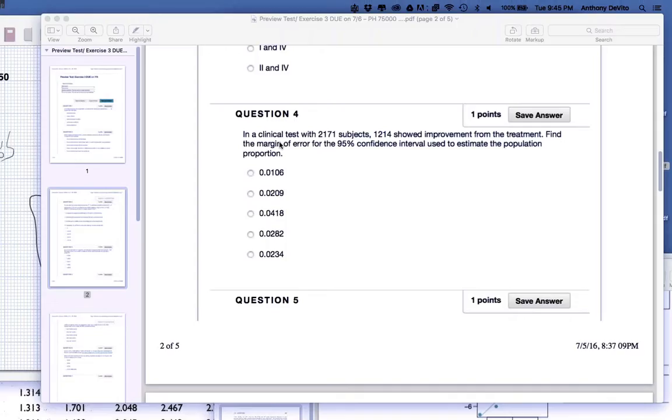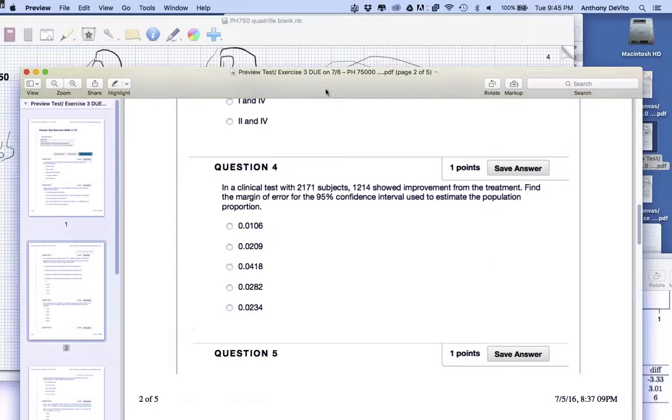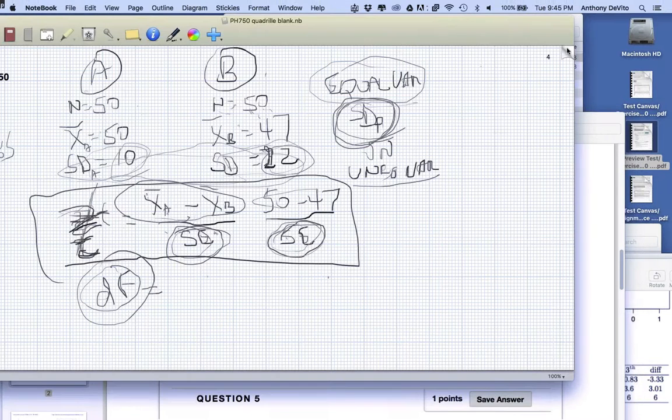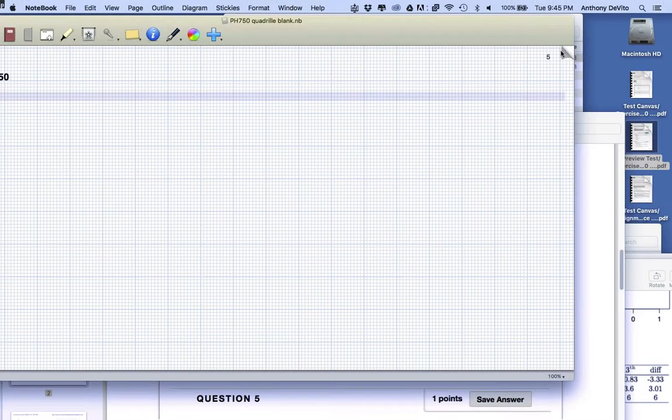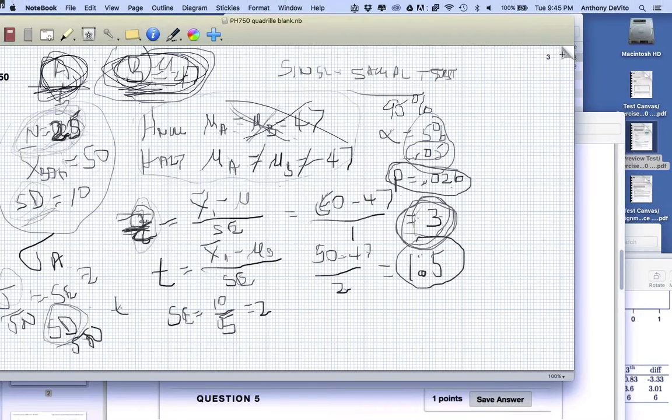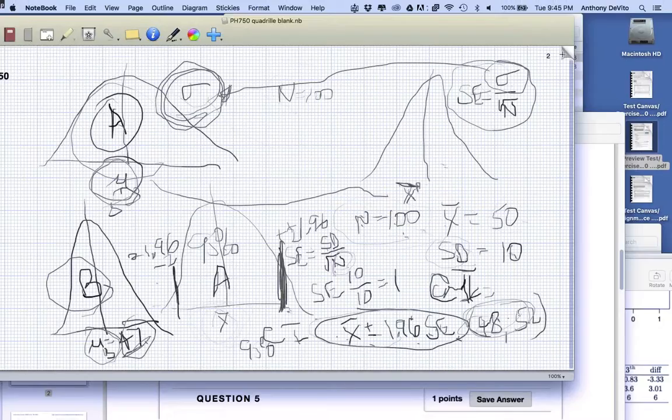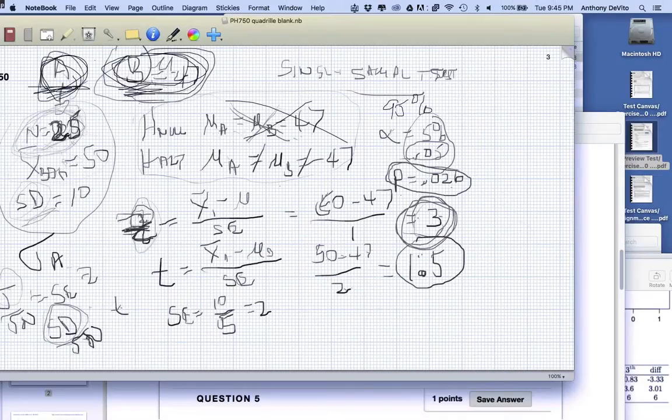Okay, so now here's an example, and I'm glad this came up because this is the other thing that you can come across. We discussed that you can have a situation where you have a population mean and you're comparing it to a sample.